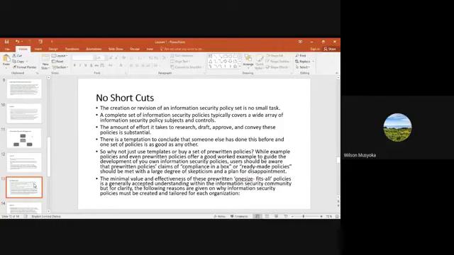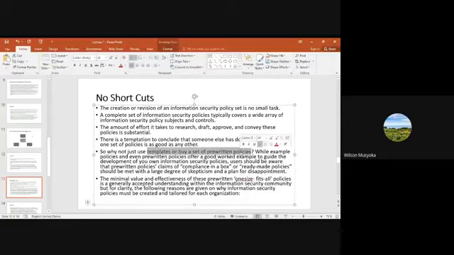There is always the temptation to conclude that since someone else's organization has their policies working, they can work for us. So that is not the case. That is why we can't use templates or buy a set of pre-written policies. You need to sit down as an organization, look at your objectives, and align them to the security policies.